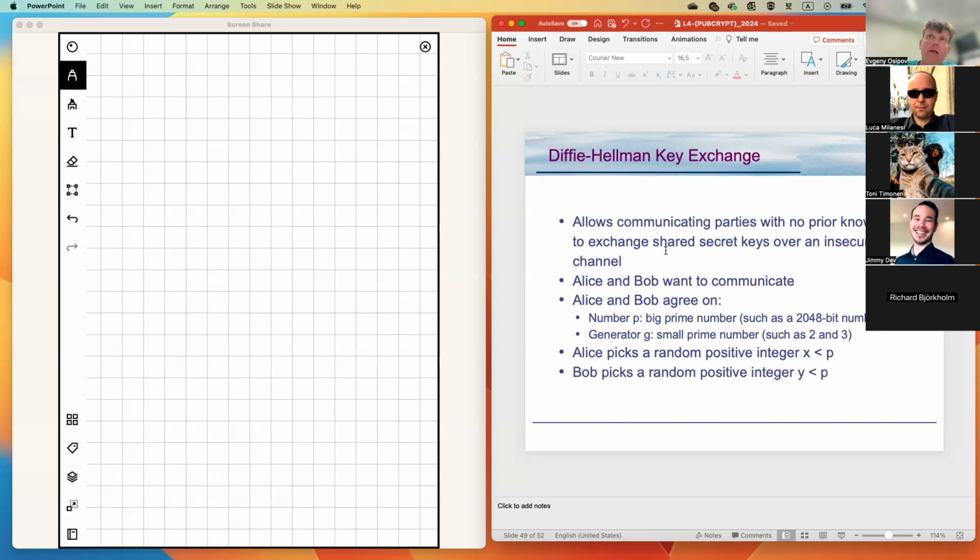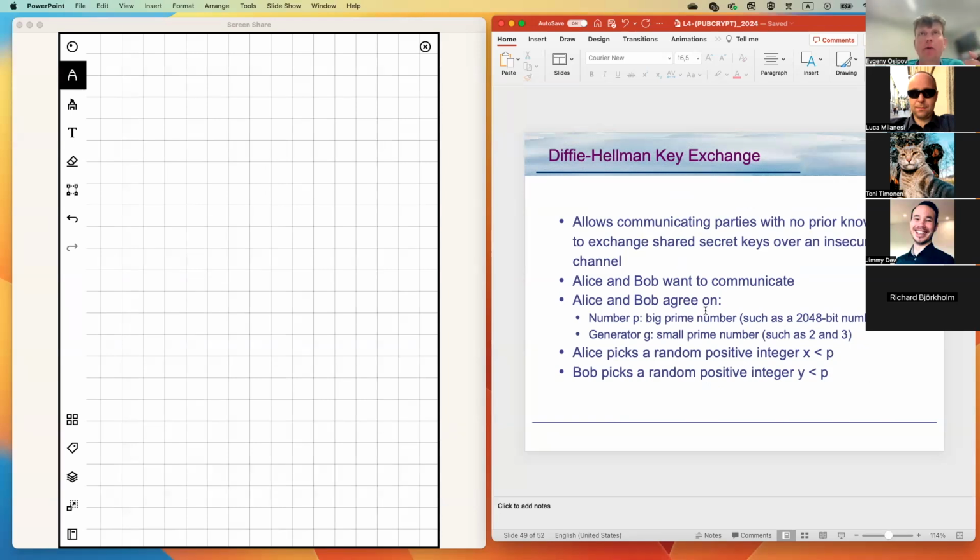The idea was to create an algorithm that allows communication of secret information over a shared channel. So you want to share a secret while everybody is listening to your conversation. So how to do that?